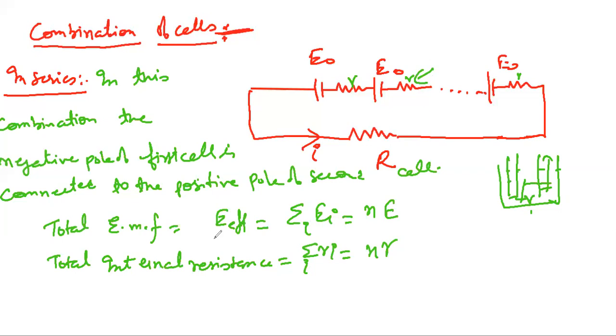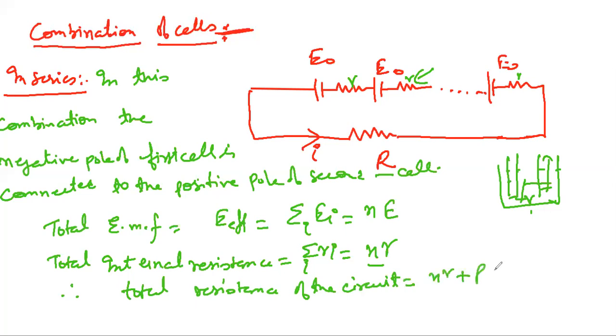So you see this resistance nr and this capital R are both connected in series. Therefore, the total resistance of the circuit is equal to small nr plus capital R. Any problem?